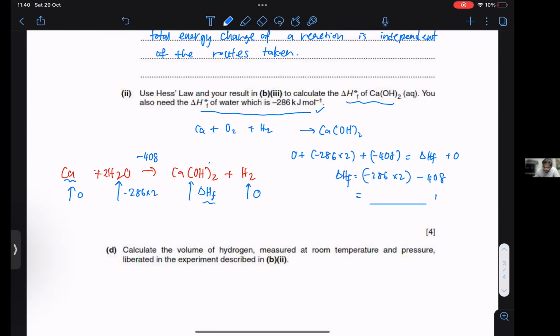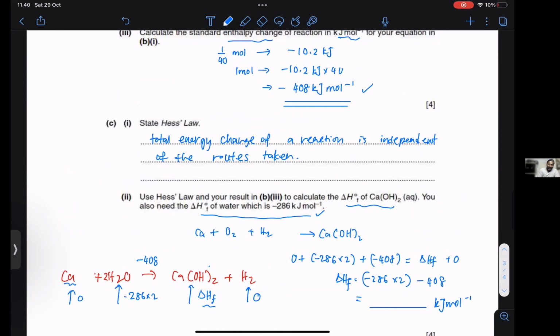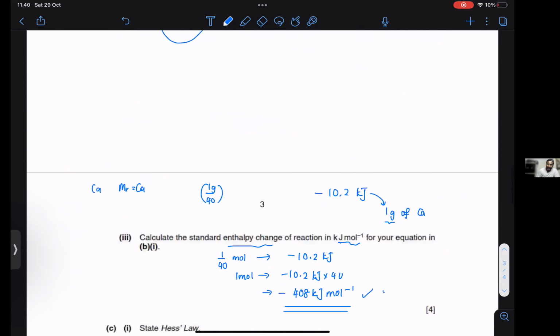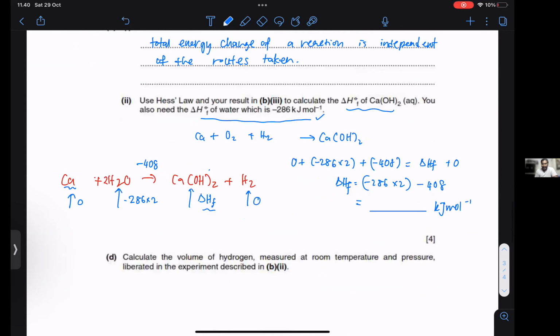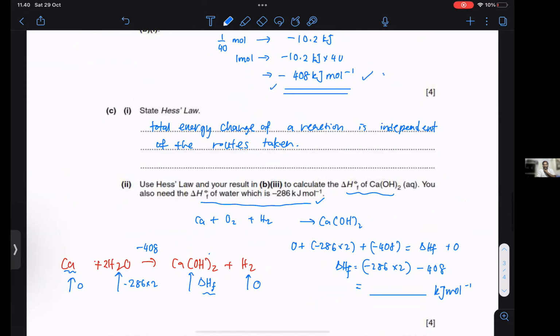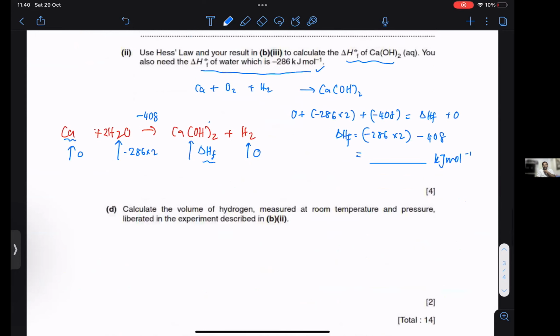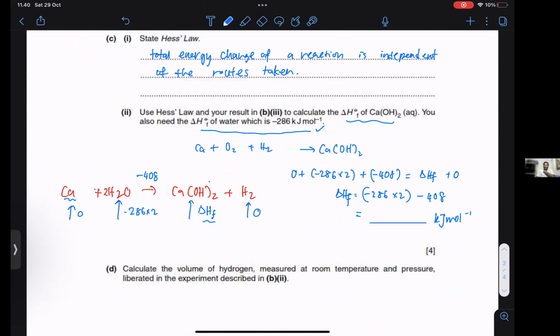Make sure you change into kilojoules, because most of the time students don't change it into kilojoules after they calculate this. It's very important to change into kilojoules, and make sure it's negative. If they don't get this negative, they might lose 1 mark somewhere here, because you will get a different answer. So what's the value? Negative what?